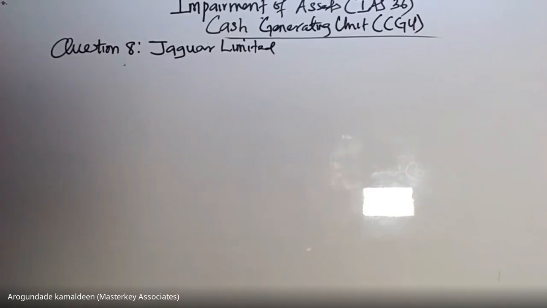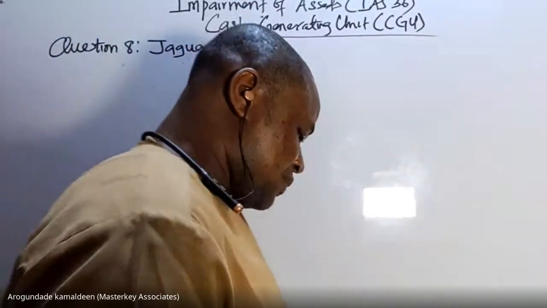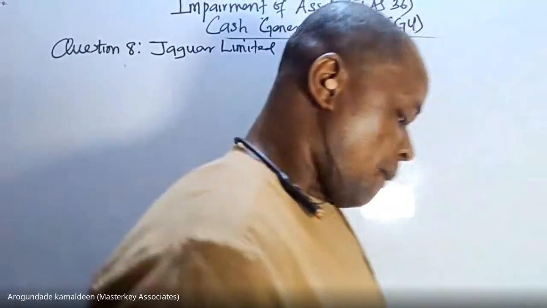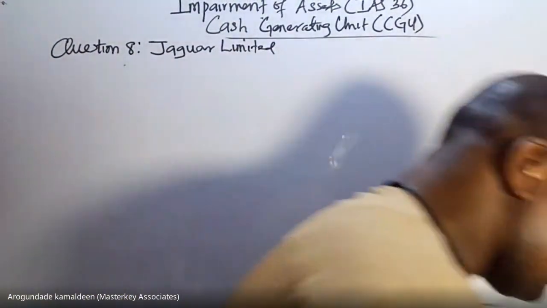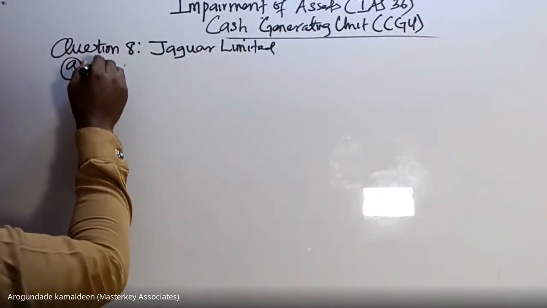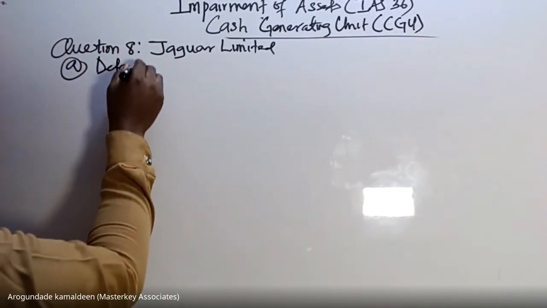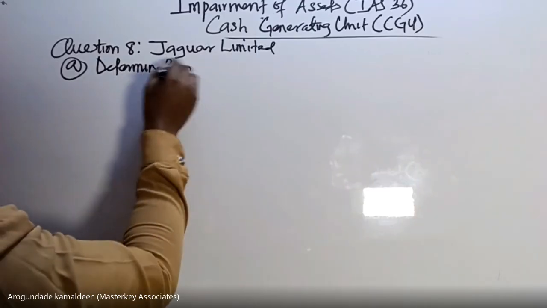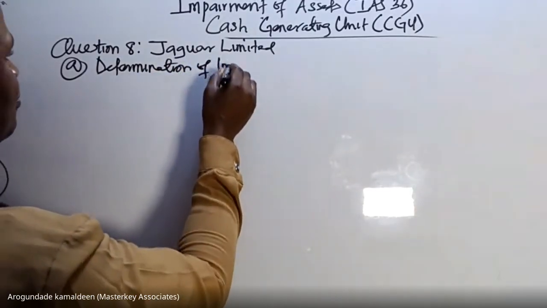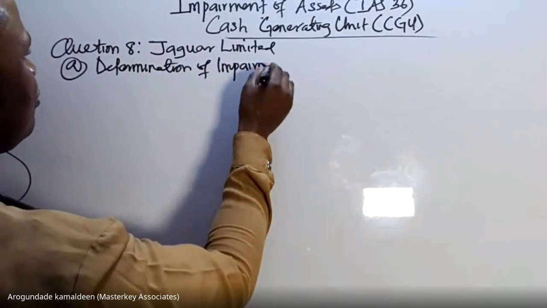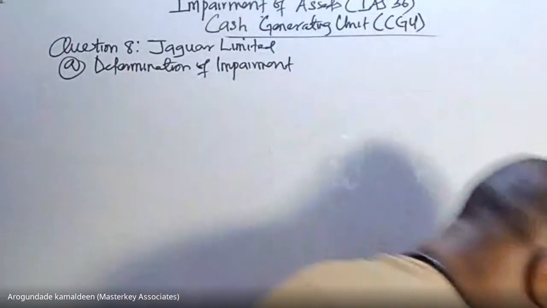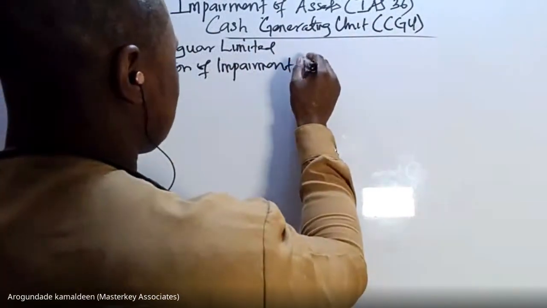Here you have the CGU: the goodwill, the patent, freehold property, plant and machinery, motor vehicle, and net monetary assets. The first thing you should do is determine the impairment. What is it on 31st?